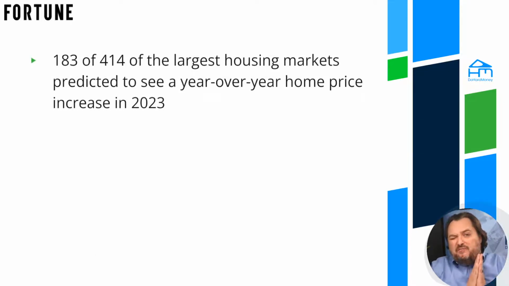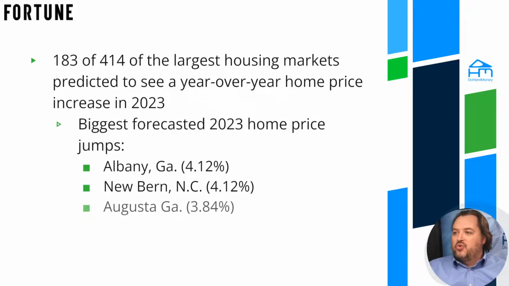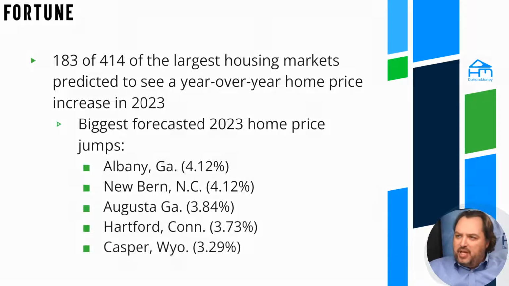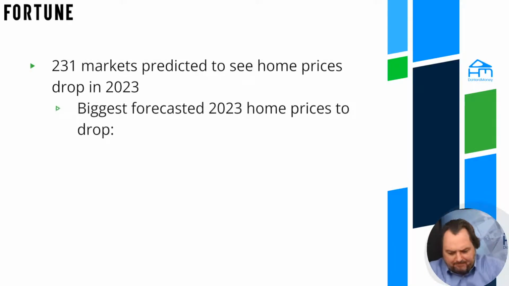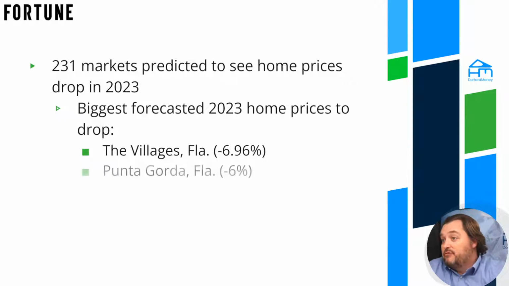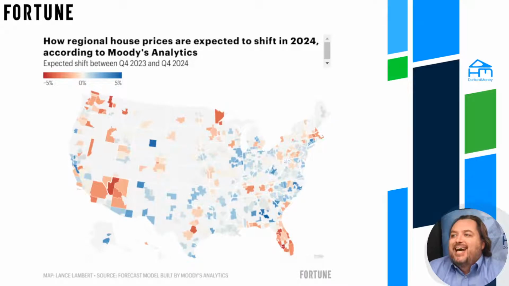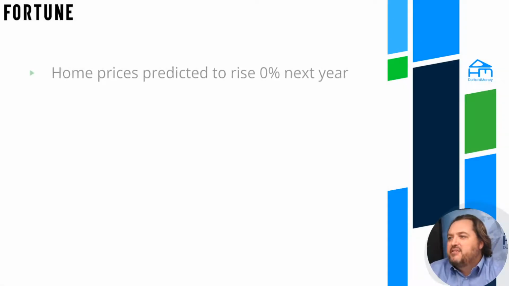For 2023, they're expecting 183 of the 414 largest housing markets to see an increase, and the biggest jumps are Georgia, North Carolina, Connecticut, those types of places. 231 markets are predicted to see a drop, meaning the value is actually going down. Some of those are in Florida, Reno, Honolulu, Spokane, Washington. In 2024, the predictions are kind of the same, from -5 to +5.